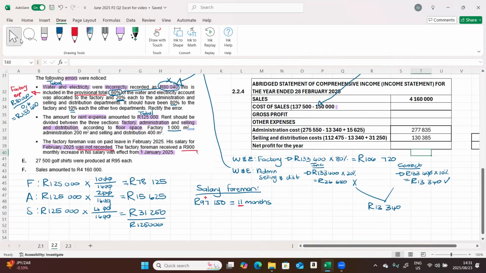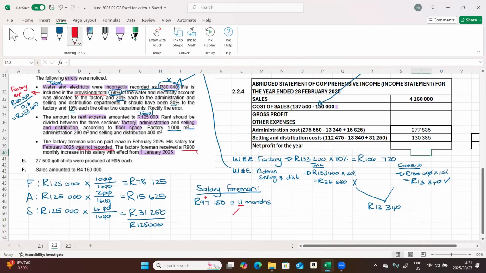This is the concept. We need to get our normal monthly salary by solving x, and then to it we add the 900 Rand. Do you guys understand that? Because February will include the 900 Rand increase.